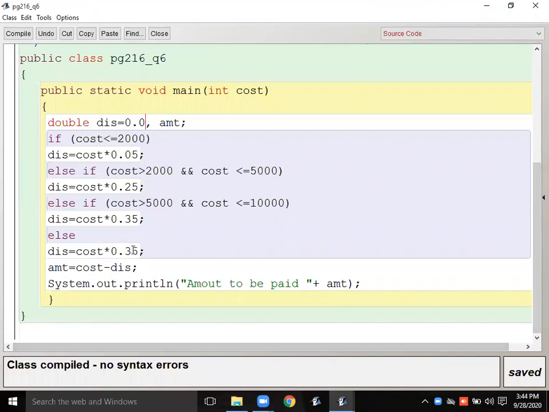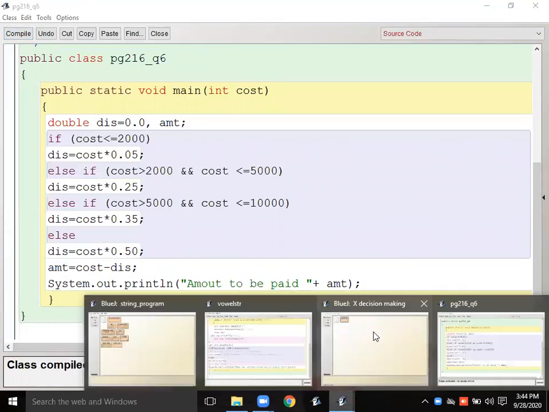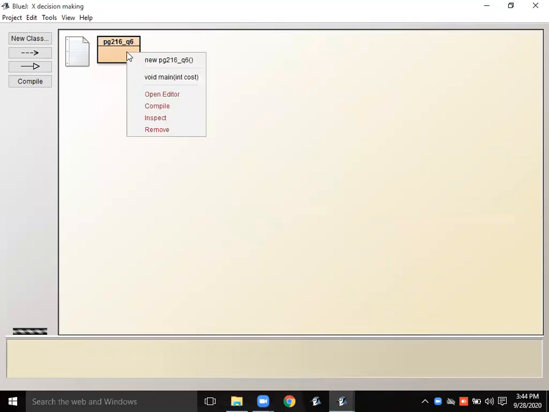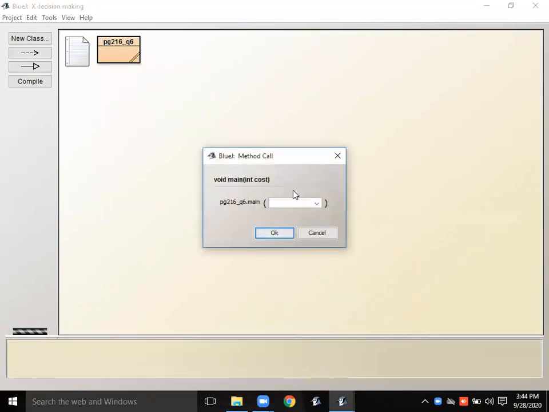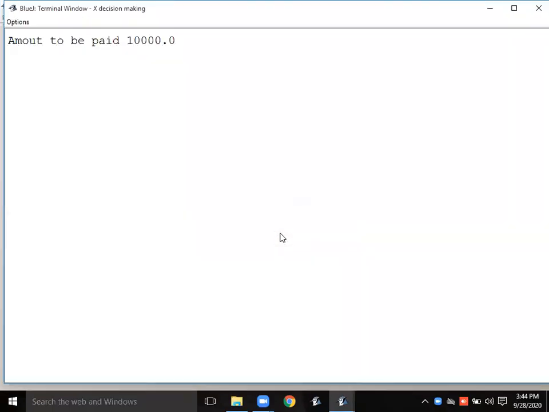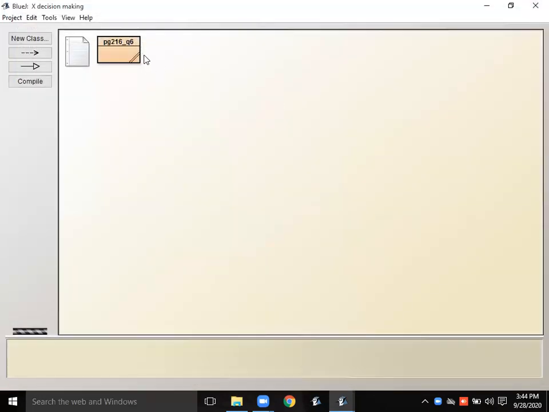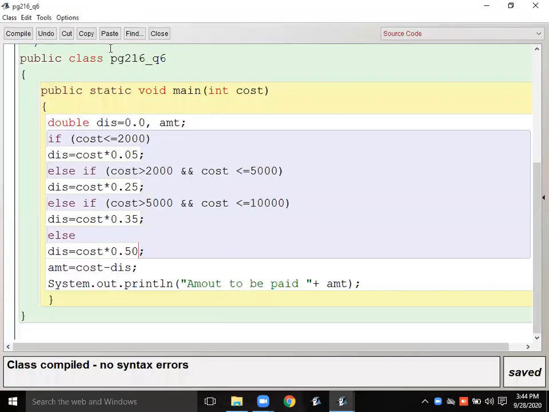So we have to calculate it as 50%. So it is, see that, 20,000. Yes, 50% discount. After deducting the 50% discount, I have to pay only 10,000.